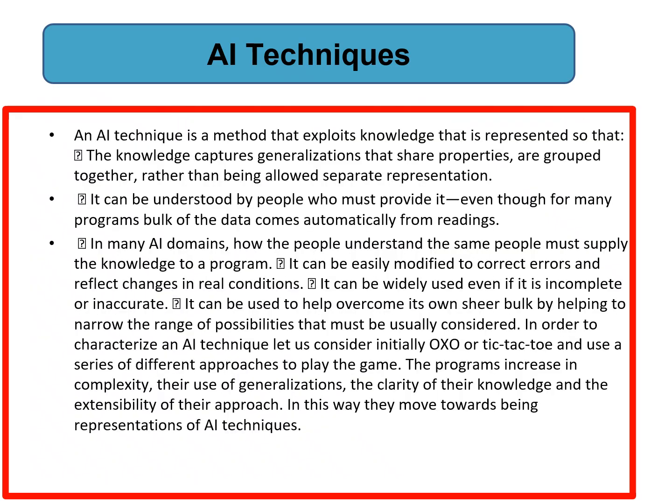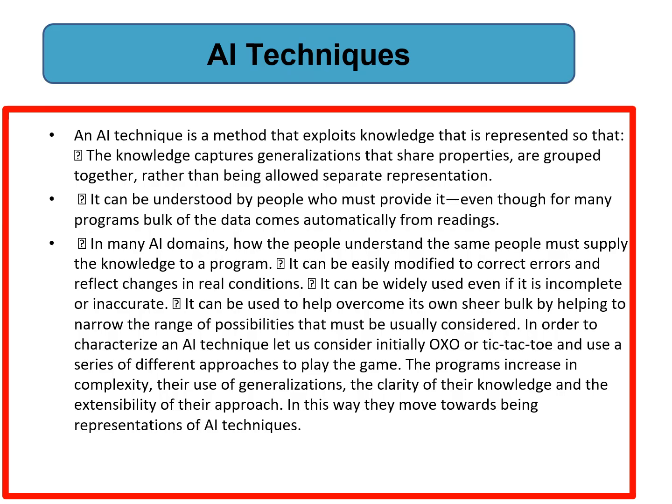Apart from that, there are some other important points. It is a method for organizing and using knowledge so that computers can solve problems intelligently. First are the characteristics. Knowledge captures generalization: instead of storing every situation separately, similar situations are grouped together using common rules.